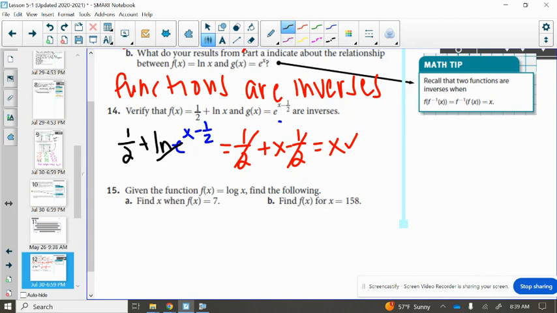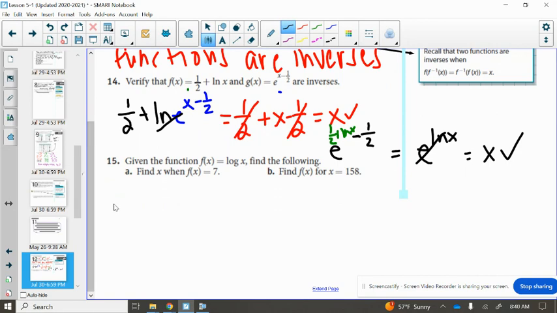And then if we go the opposite way, if I take my g of x, which was e to the x minus 1/2, and I plug in f of x for that x part here, in my exponent the 1/2 and the negative 1/2 are going to cancel. So I'm just left with ln of x. These cancel. And again, since these both simplified to x, we know they are inverses of each other.